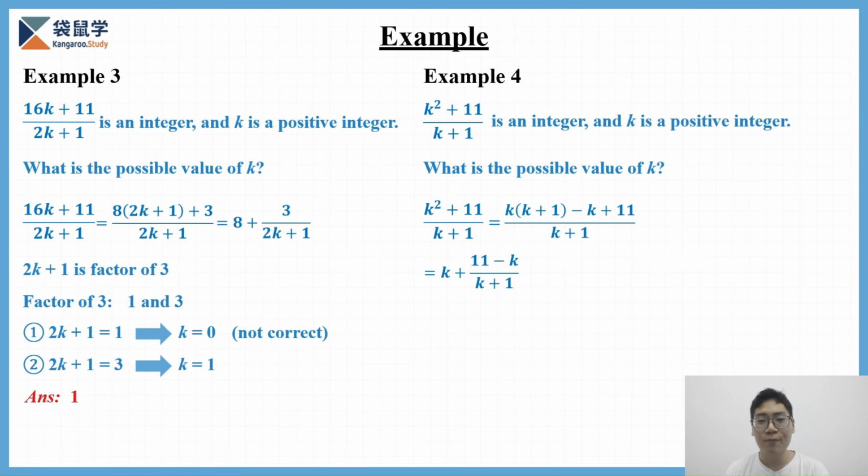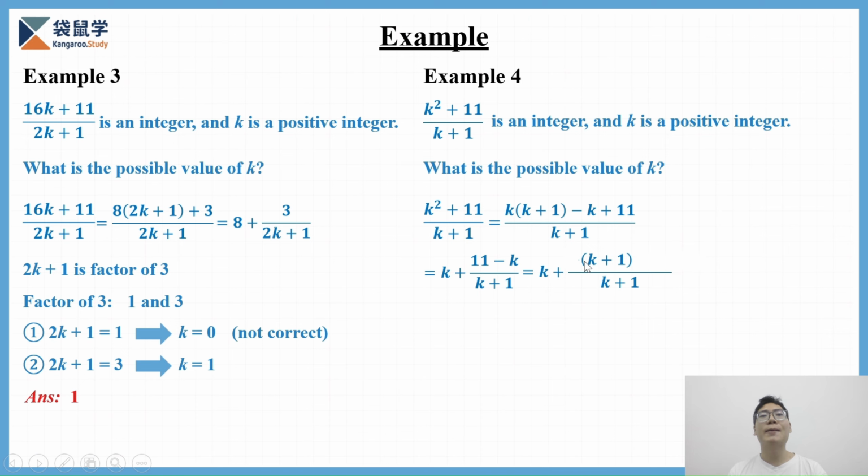So in this case, if the denominator is k plus 1, what should also be the numerator? Very good. It is k plus 1 also. So from here we can get k plus 1 as the numerator and k plus 1 as the denominator. So now let's compare the original and the new. On the original we have negative k. So how can we get from k plus 1 to negative k?